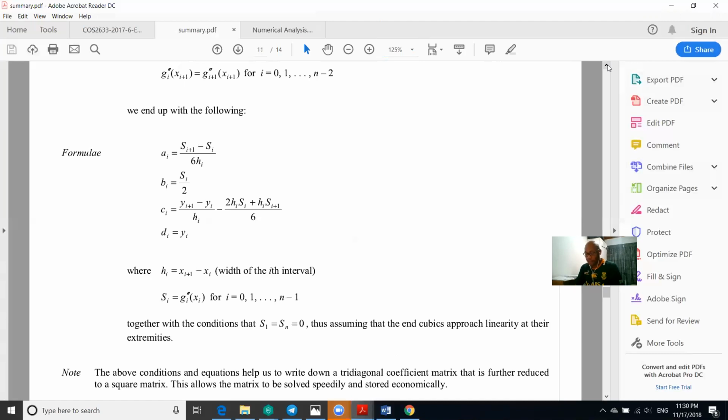A is S i plus 1 minus S i. Okay. Where will we need that? The question asks, write down the formula you need, or write down the system of equations. Okay. Because this has to be memorized.